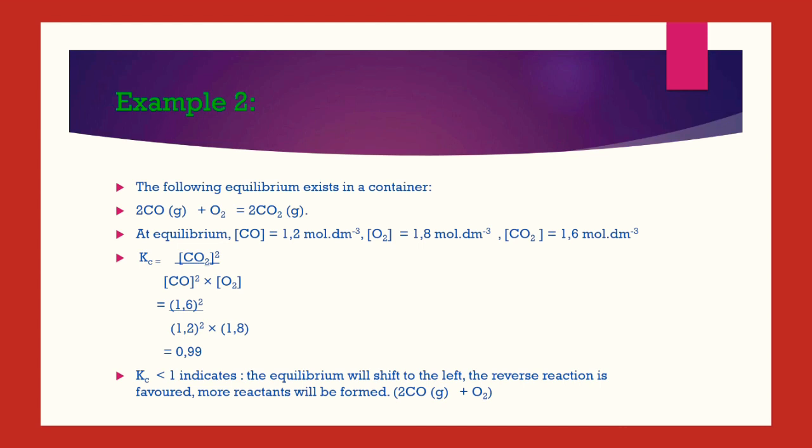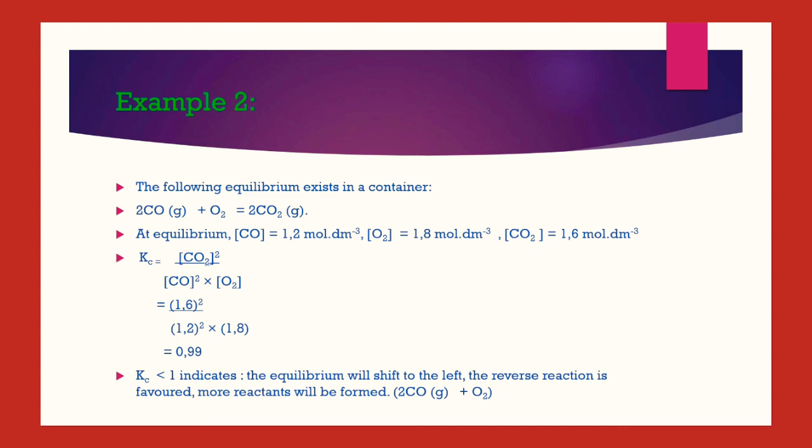Then you write the formula for the equilibrium constant for this reaction. Kc equals, in square brackets, carbon dioxide, close the square brackets, raised to the power 2, the number of moles, over the concentration of carbon monoxide in square brackets, raised to the power 2, multiplied by the concentration of oxygen gas in square brackets.